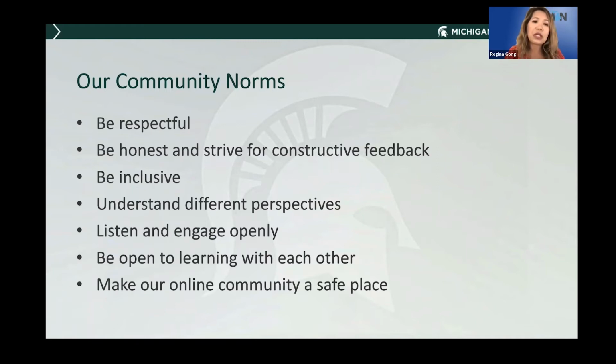So our community norms are simple: we have to be respectful and honest. There will be difficult conversations in this community, and we want it to be a safe space where we can all be open, learning with and along each other.